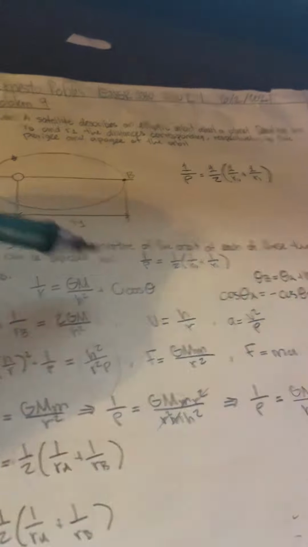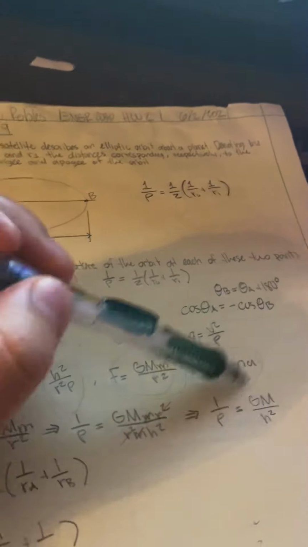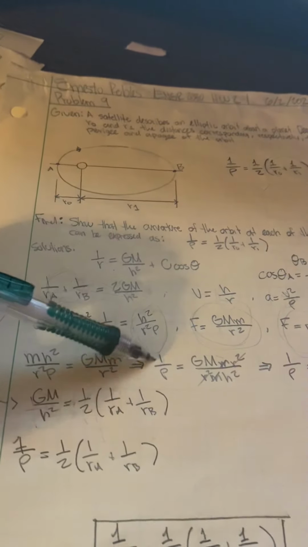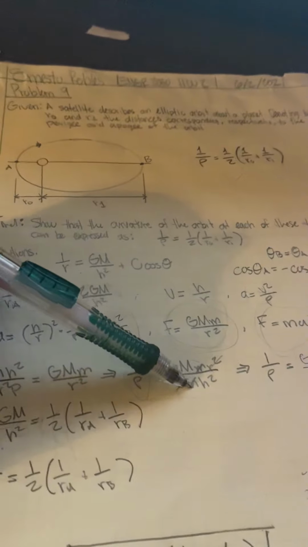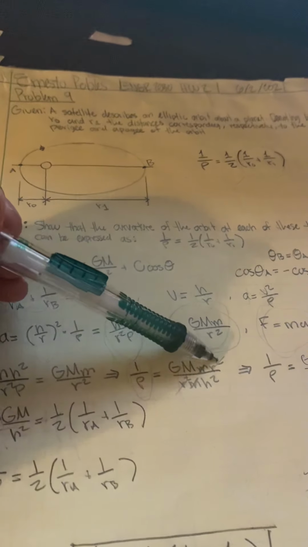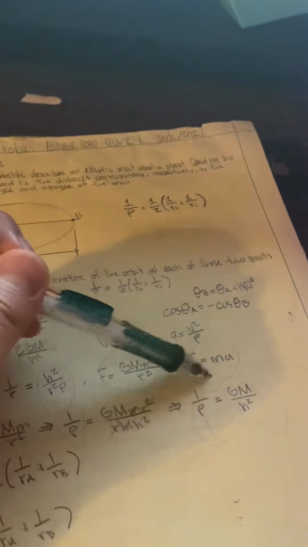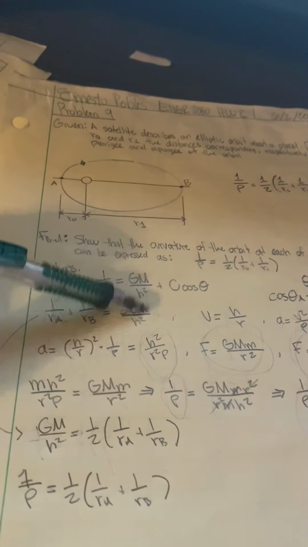And of course we know this from the last few problems we've done, and we also know that it could be equal to this. So you set it equal to each other. You try to get this by itself because that's what we're looking for, which we did right here. The m's cancel out and also the r squared. And I'm left with this. Now this I was talking about earlier can be solved for here.